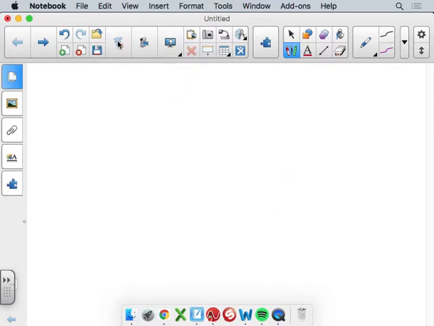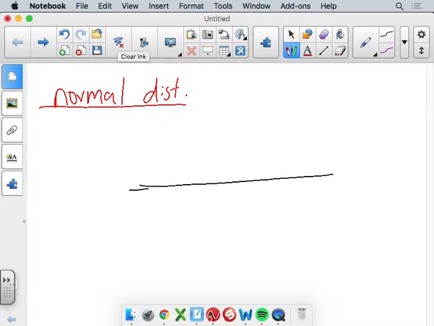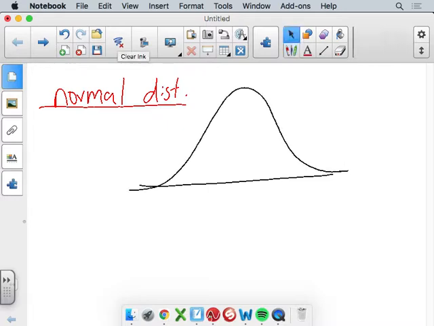Let's see, my other note, I had us talking about normal distributions. And so this is our data. I have a dot plot, and it has a lot of values here in the middle, not as many on the ends.